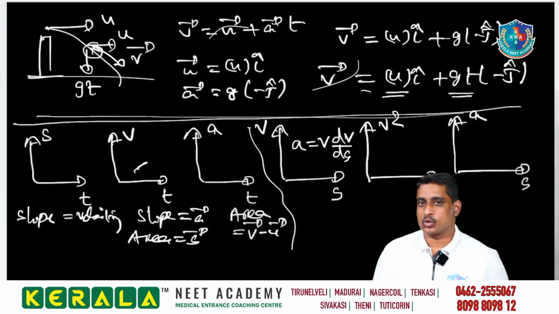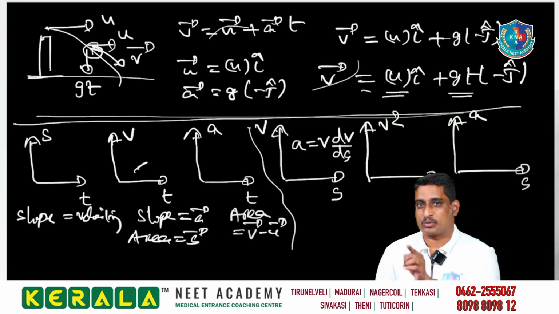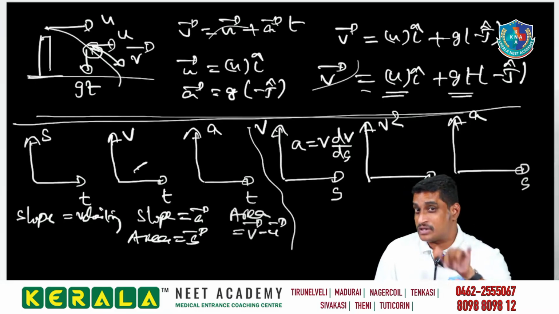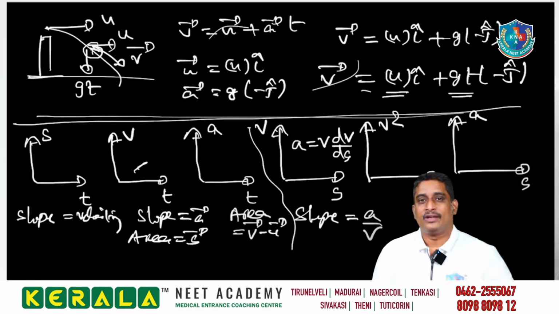It is one of the equations in our syllabus. So in this case, dv by ds represents the slope of this velocity displacement graph. Therefore, if a velocity displacement graph is given and you calculate the slope, that slope represents the ratio between acceleration and velocity of the particle.